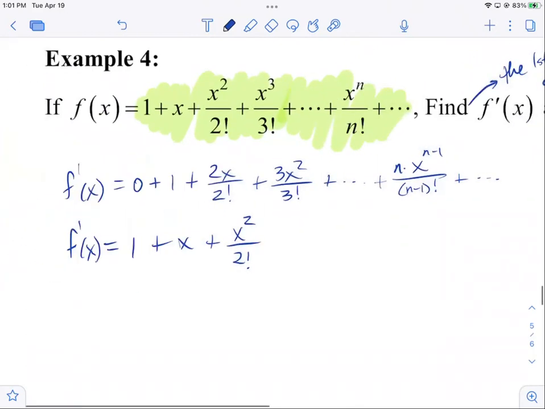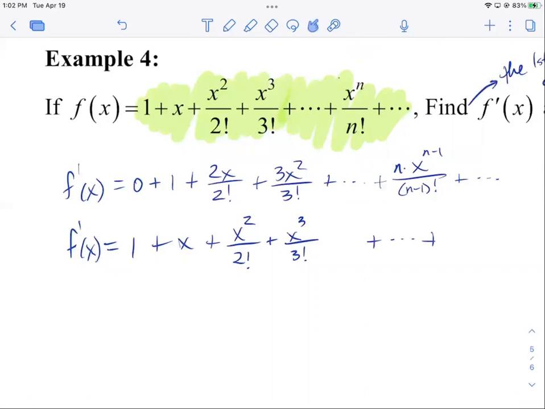Could I stop right there and just say plus dot, dot, dot? I'd have to add another term because, yeah, I started with 4 non-zero terms, but the first one went to 0. Is that going to be a problem? No, you can either come back up here and add the next one, x to the 4th over 4 factorial, and take its derivative, or you could say, oh, I recognize the intrinsic pattern in the derivative, and I know the next one will be x cubed over 3 factorial.